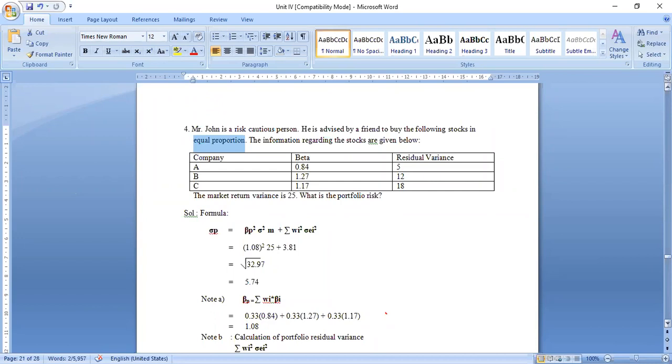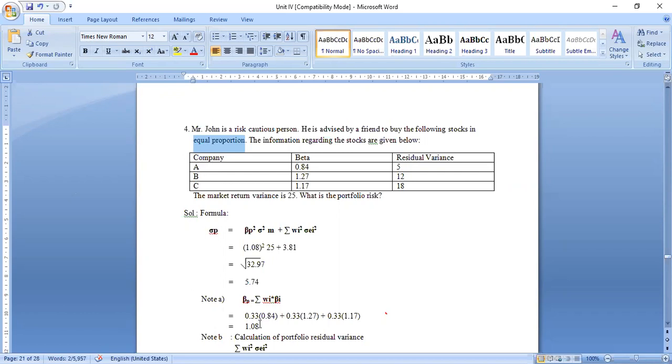The keyword equal proportion itself signifies that equal investment is made in each security, and that is why we have taken 1 by 3 for three securities. If there are 4 securities, it will be 1 divided by 4, that is 25% allocated to each.